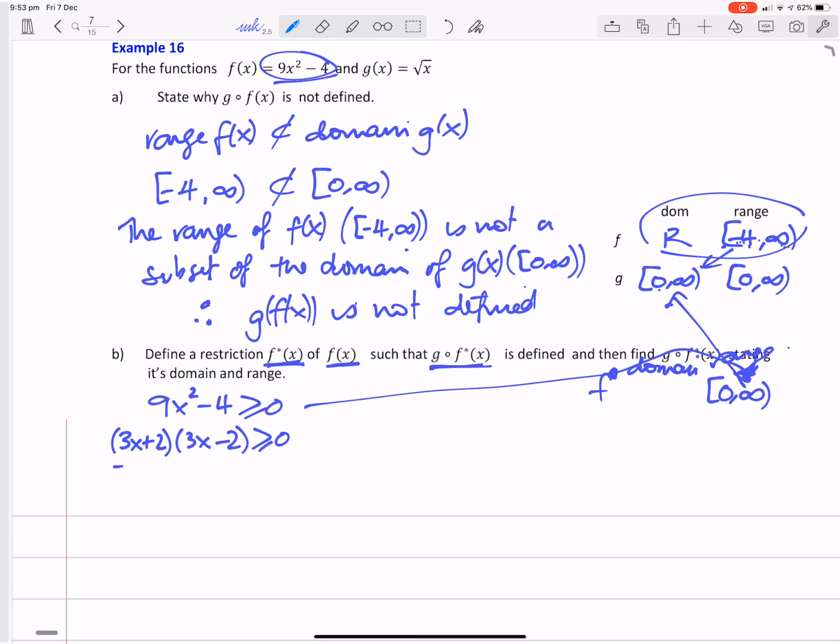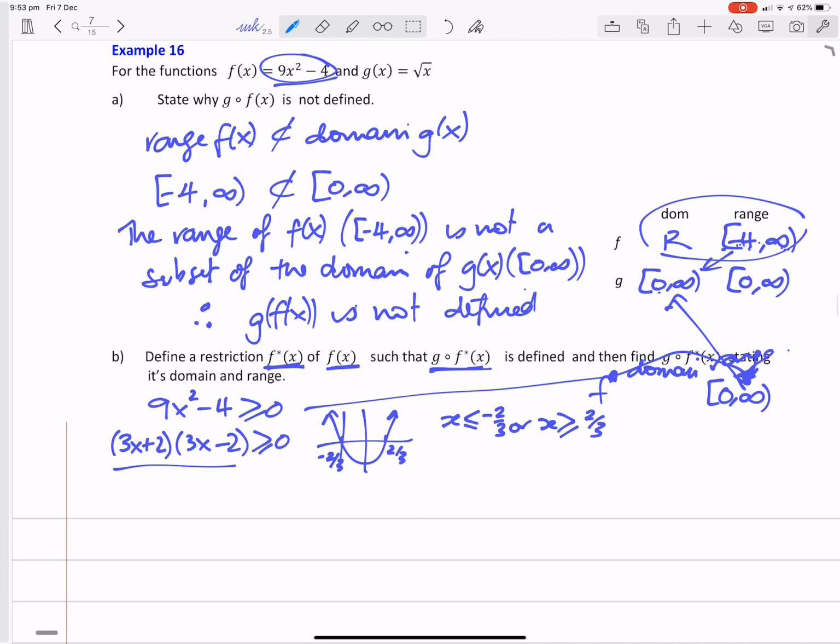Now, when we've got an inequality, we need to sketch it. So there's 2/3, -2/3. It's a happy face. So when x is less than or equal to -2/3, or x is greater than or equal to 2/3, then our range will be from 0 to infinity.